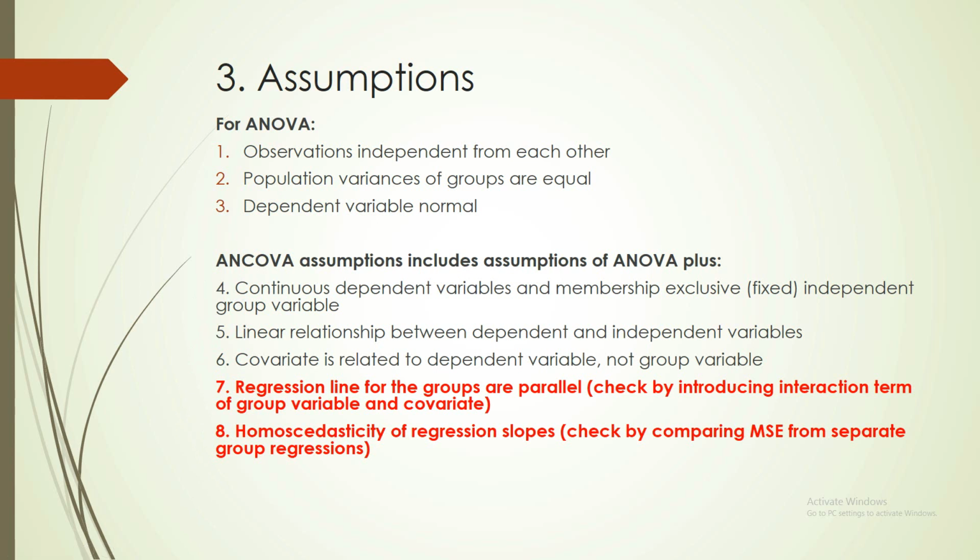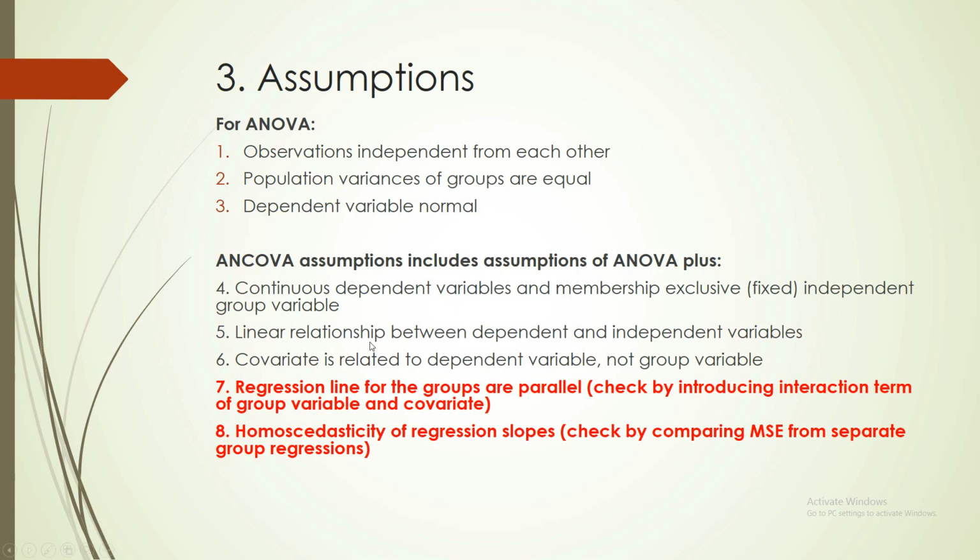The first assumption that we need to prove is that the dependent variables for a MANCOVA, because it says dependent variables. For ANCOVA, there would only be one dependent variable. These variables must be continuous, and the group variable must be membership exclusive, so one person cannot belong to more than one group.